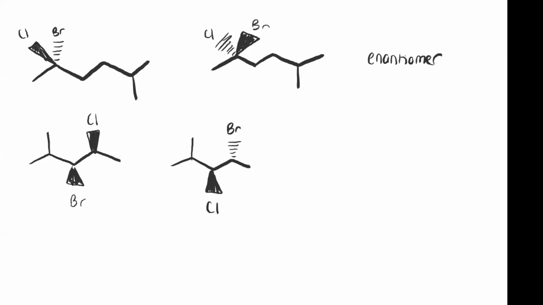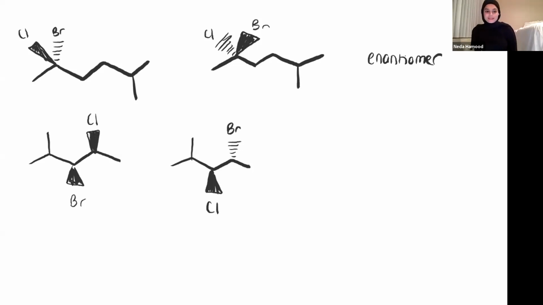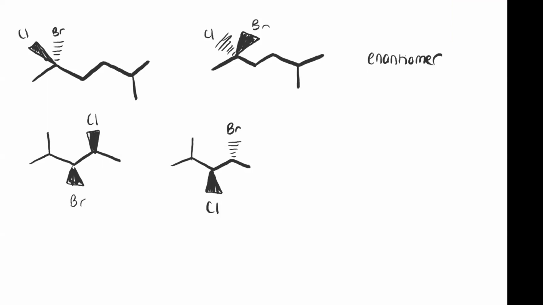Diastereomers are just when we have a change in configuration of one of the stereogenic centers. So to have diastereomers, we need 2 stereogenic centers, which we do have here, but something else changed in this molecule. Do you guys know? They switch places, Cl and Br.